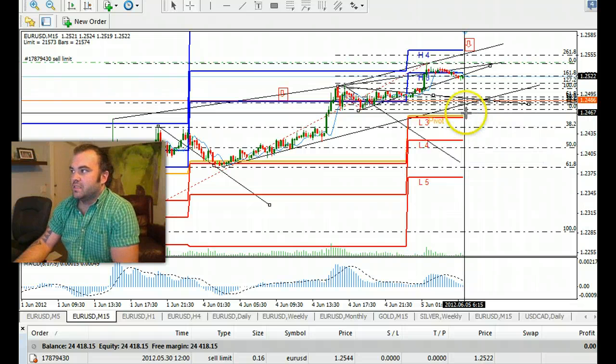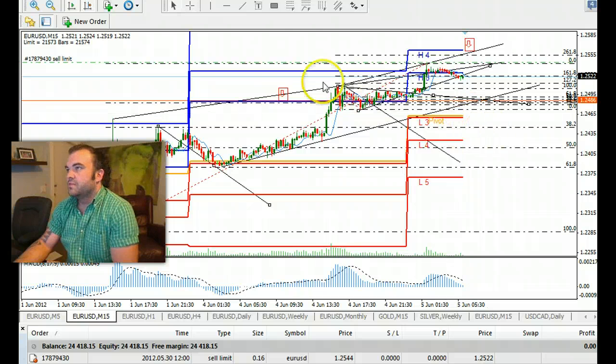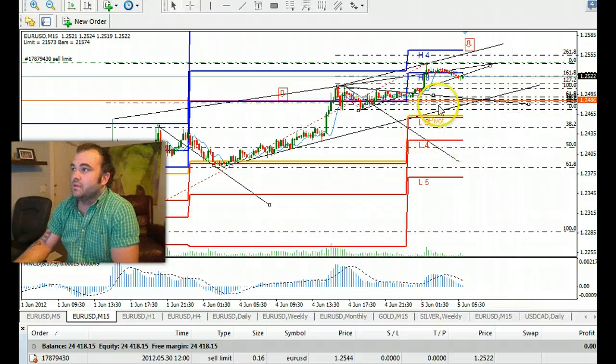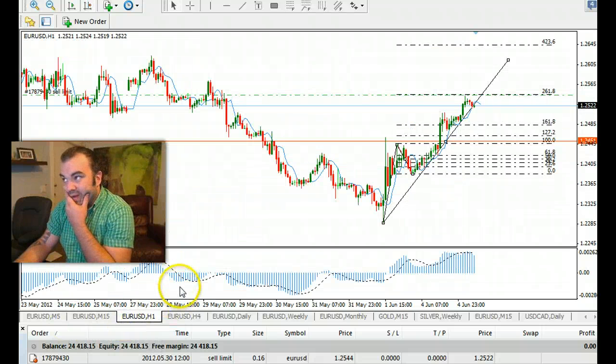Let's get out at 24.65. Yeah, let's do that. We have other fibs in there, but whatever. That's the trade I'm looking at doing tonight anyway.